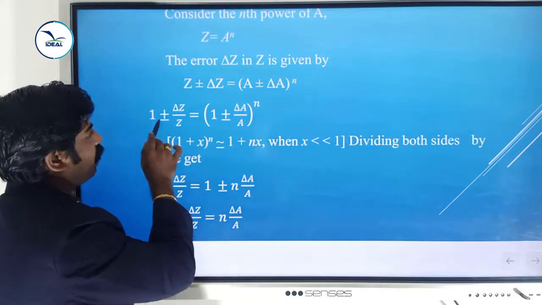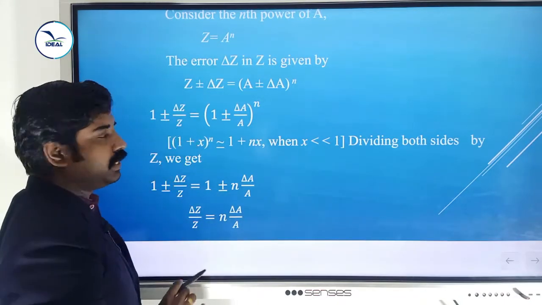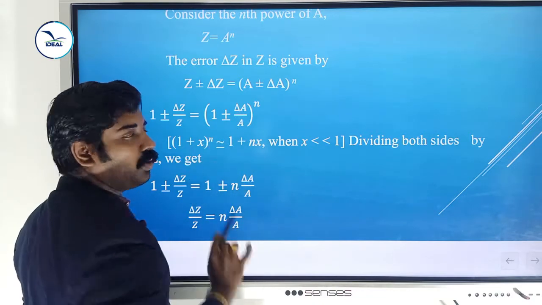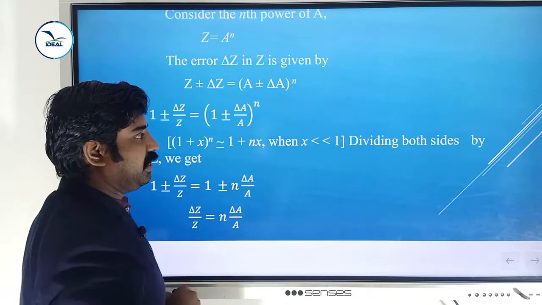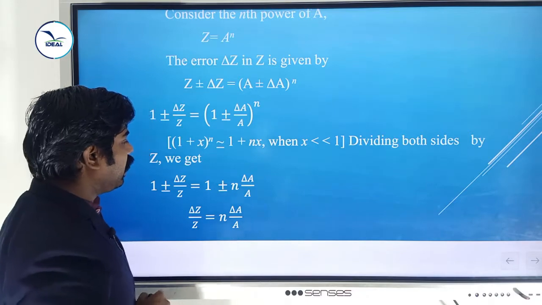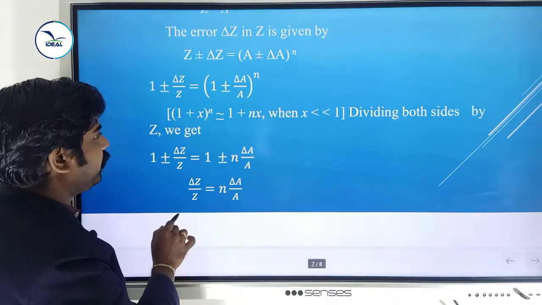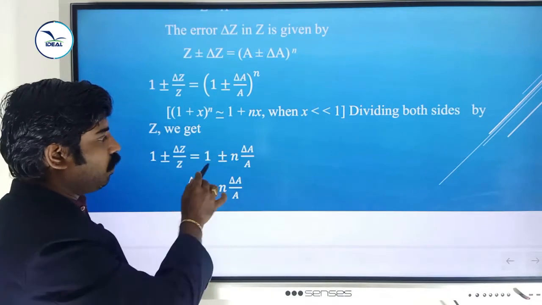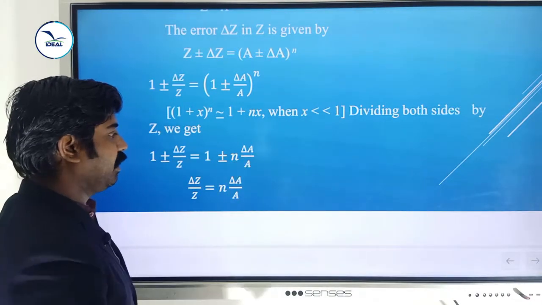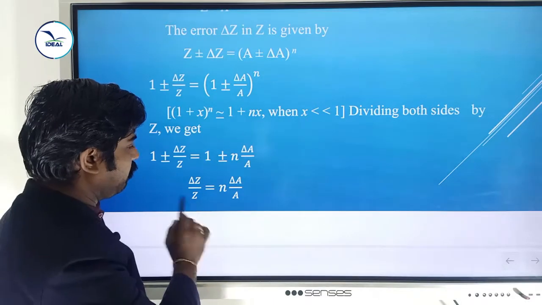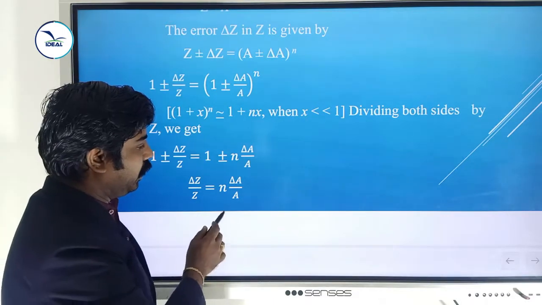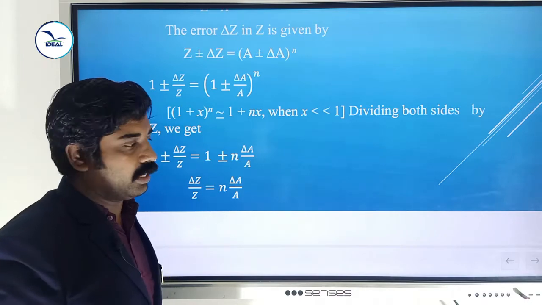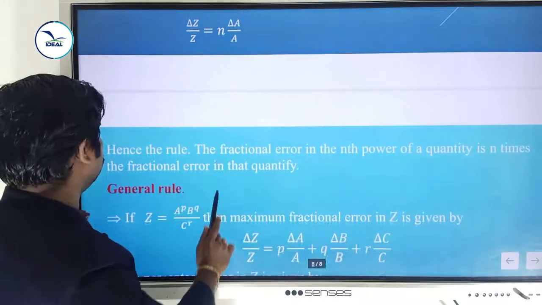Then we will get 1 plus or minus delta z by z is equal to 1 plus or minus delta a by a, all raised to n. Now we can approximate it by using the binomial approximation. So now we will get 1 plus or minus delta z by z is equal to 1 plus or minus n into delta a by a. So delta z by z is equal to n into delta a by a. Okay, clear?